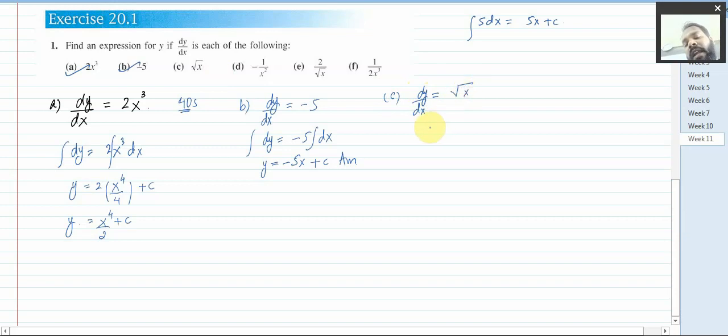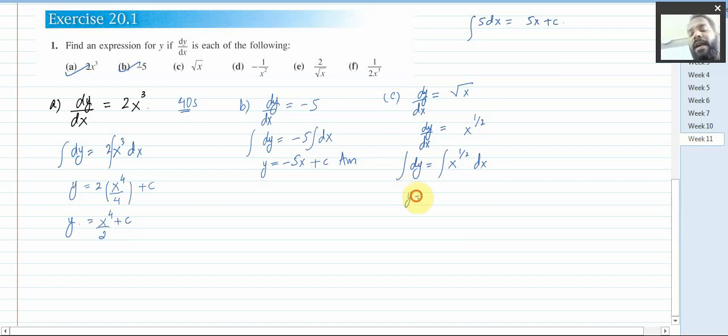Alright, similarly for part C, it says that dy over dx is equal to under root x. If I simplify the equation, dy over dx is equal to x to the power 1 upon 2, right? Under root sign means x to the power 1 upon 2, and now it will be dy is equal to x to the power 1 upon 2 dx. We need to apply integral on both sides.